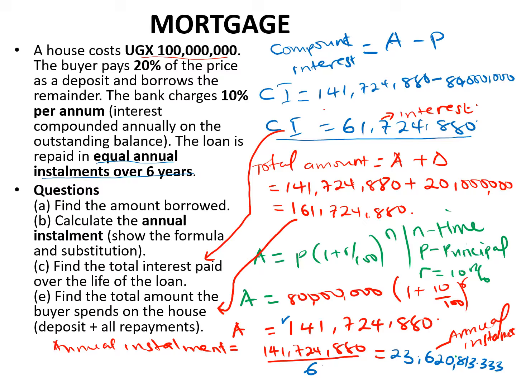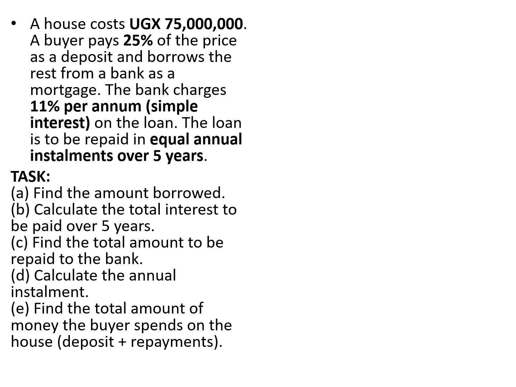R here is 10, and then n is the number of years. So this is how we can do numbers about mortgage.